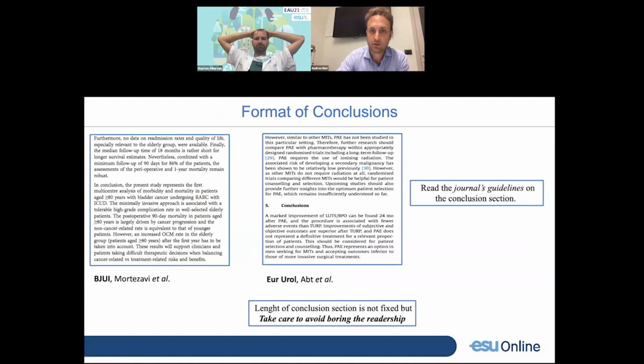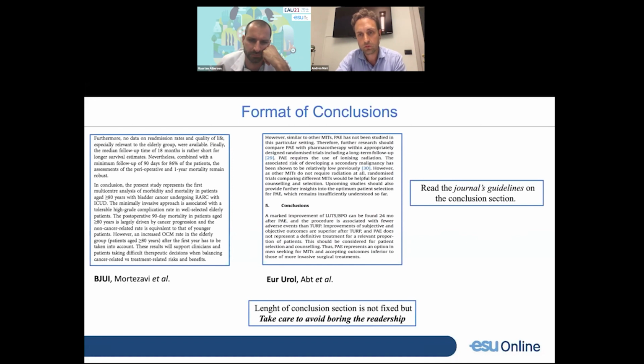Conclusion has several formats. I just bring you some examples. In BJU International, for example, there is not a special paragraph for conclusion, and conclusion is just the last period of the discussion section. On the right side, you can see a conclusion section of a paper published in European Urology, and it's the same journals, and conclusion is considered separately from the discussion section.